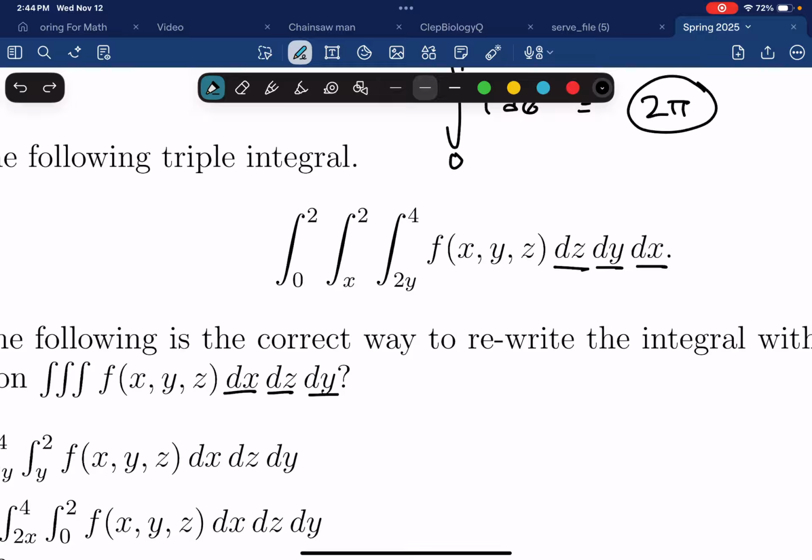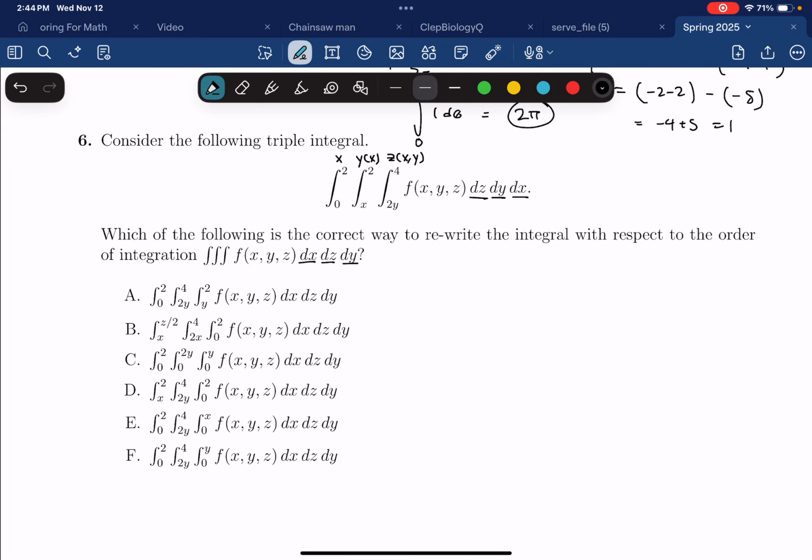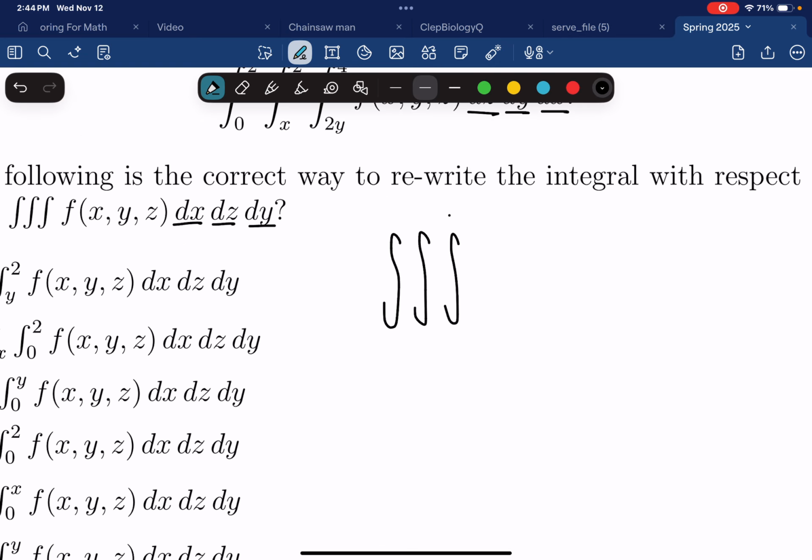So we know that the bounds of x are simply just going to be constants. For the bounds of y, it's going to be y of x. While for z, now it's going to be z of x and y. It's holding all of those. So the same logic applies. When now it's y, we know it's y. z will be z of y, and x will be a function of y and z.